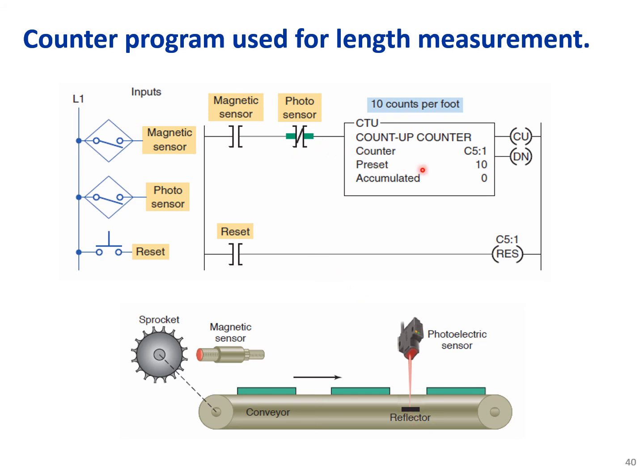The preset value is 10. Once it reaches the preset value, then we could either cut, or we could be sure that we have a proper length based on the application, and then we could reset the counter.